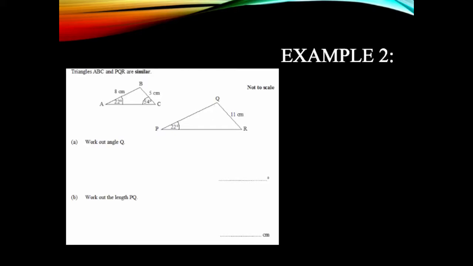So even though the triangle has increased in size, the angles don't. The angles stay the same. First of all it says work out the angle Q. So that's this angle here. That's using the knowledge that I've just mentioned, that even though my triangle has increased in size, the actual angle itself will stay the same.